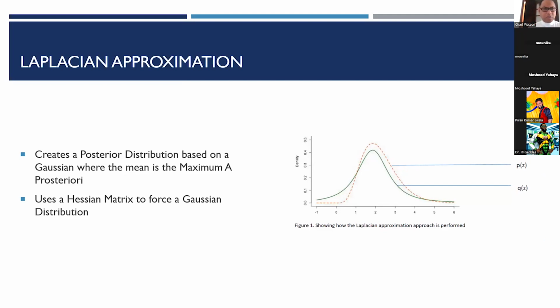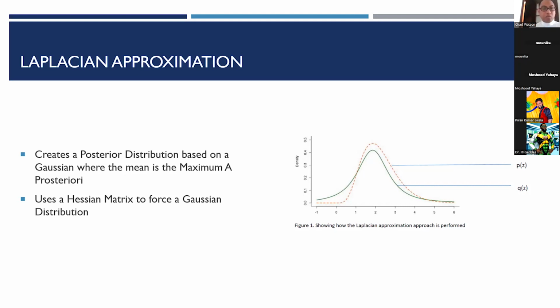It's basically done by creating a Hessian matrix, which is the second order partial derivative matrix. We force fit that to look like a Gaussian, and we get an approximation for that.